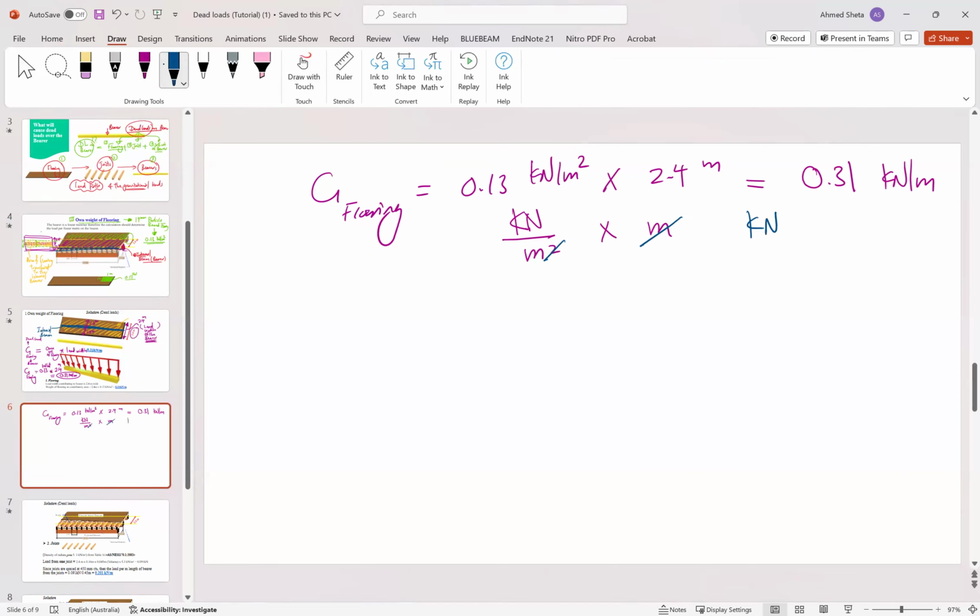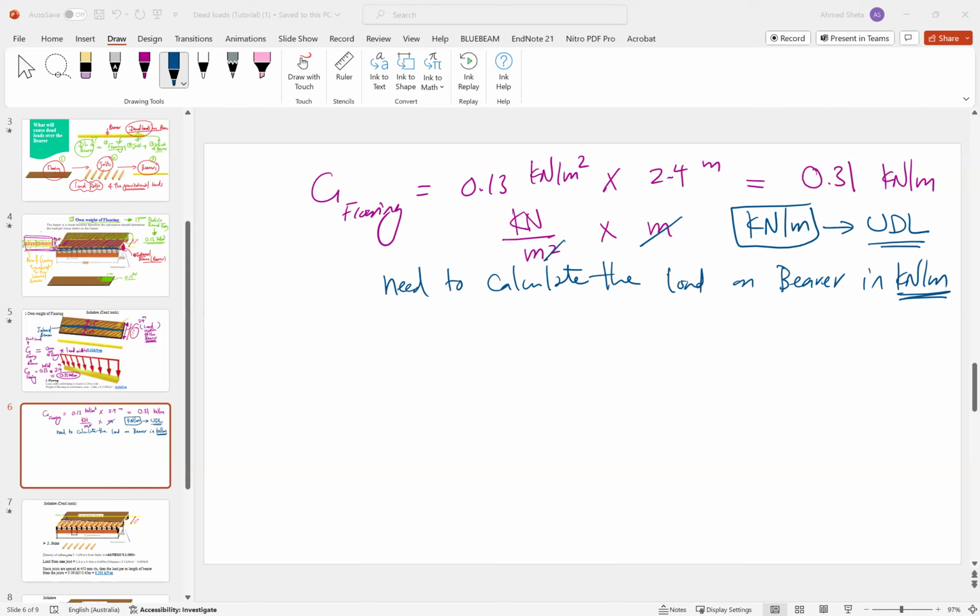Okay, this is what we need to calculate. So we need to calculate the load on bearers in kilonewton per meter. So the load on the bearer needs to be in kilonewton per meter.